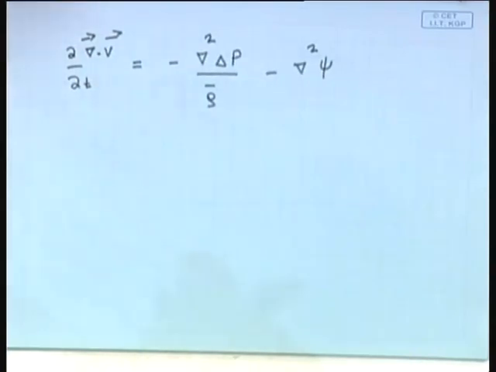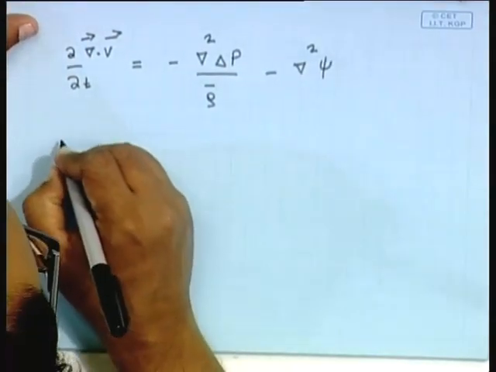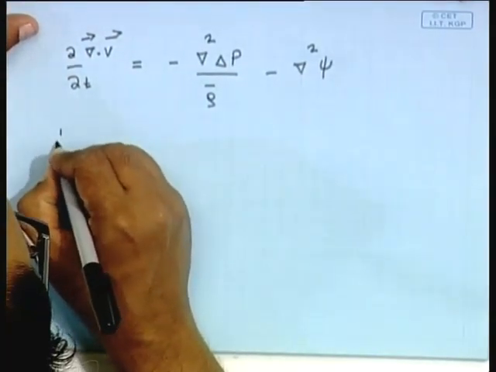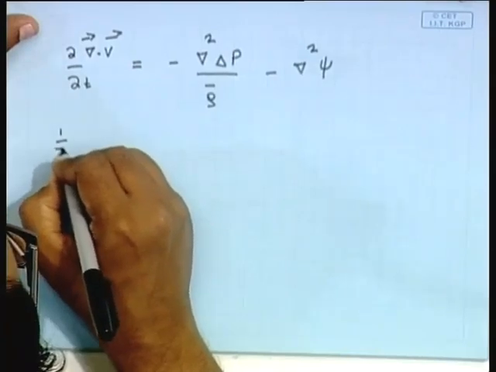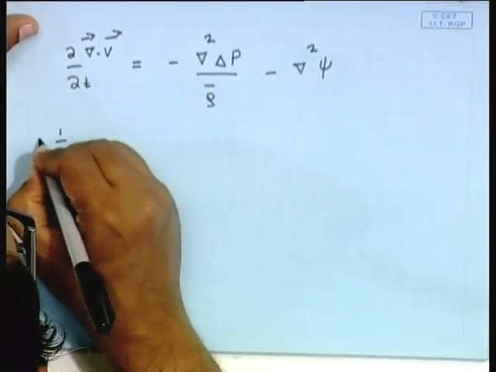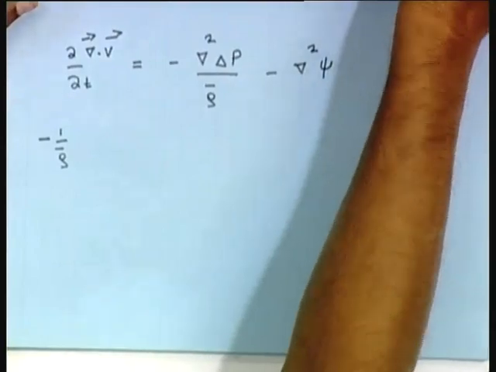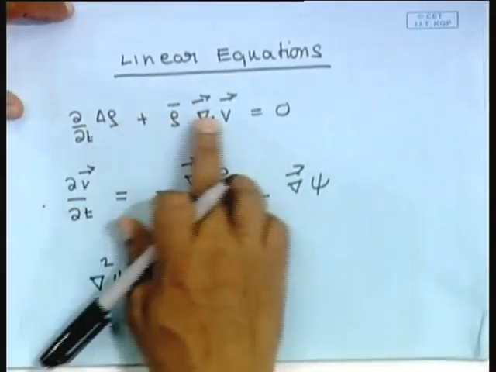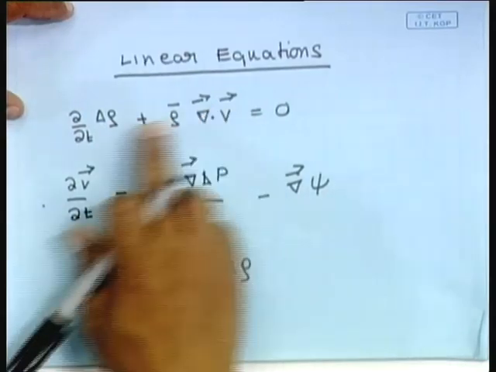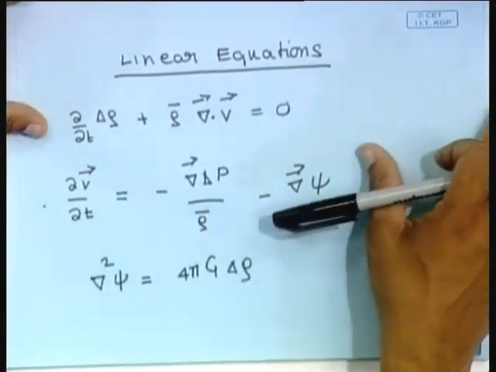So, this term can be written as 1 by rho bar with a minus sign. You will get a minus sign when you write this. So, this is equal to minus this divided by rho bar.